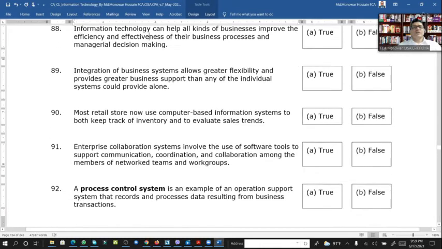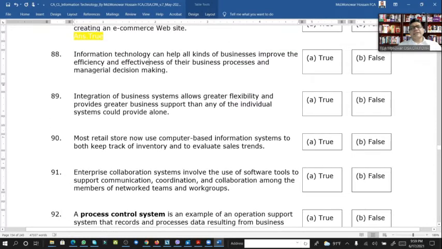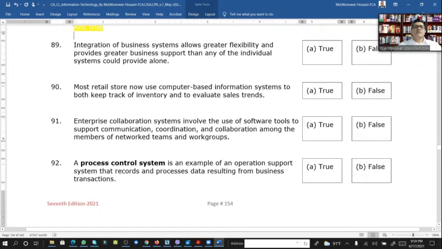Information technology can help all kinds of businesses improve the efficiency and effectiveness of their business processes and managerial decision making. It is also true. Integration of business systems allows greater flexibility and provides greater business support than individual systems could provide alone.